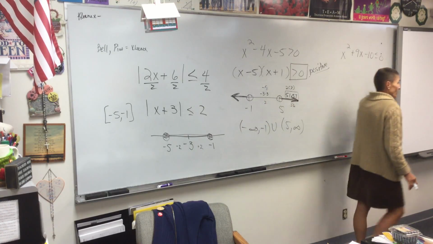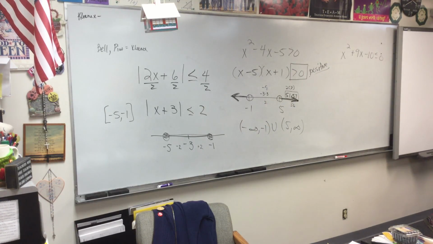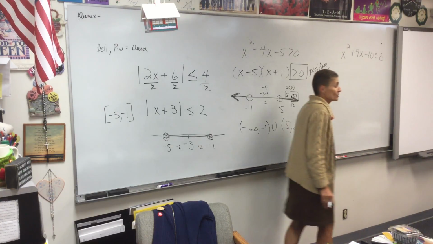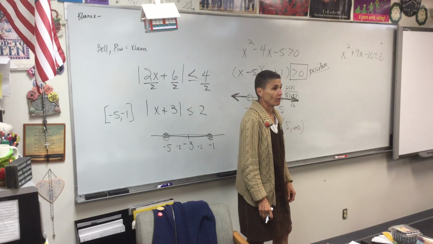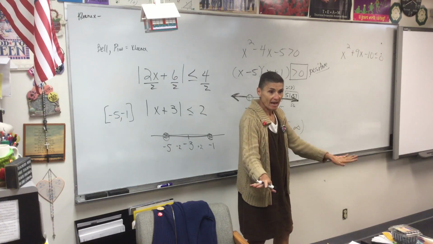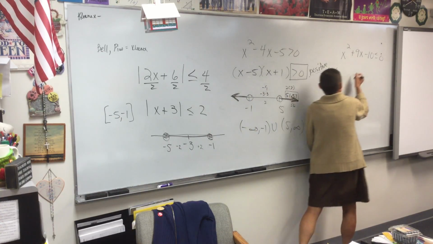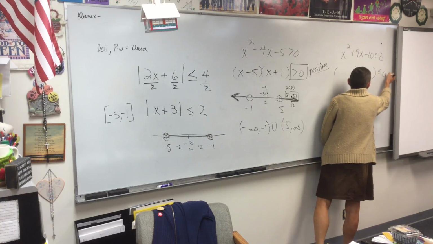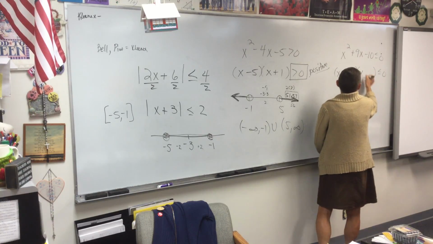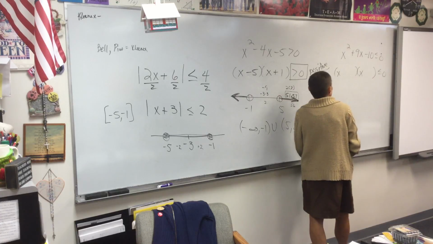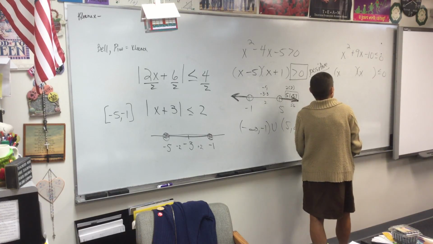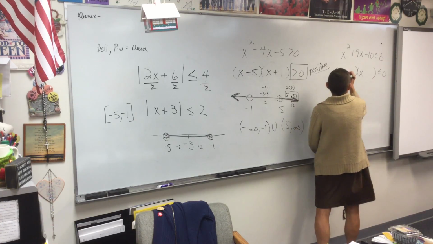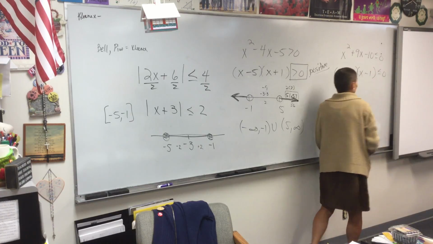All right, let's try this one. Who has a thought on how to do that problem right there? How do we start? Factoring. Does anybody know how this one factors? X plus 10, X minus 1.